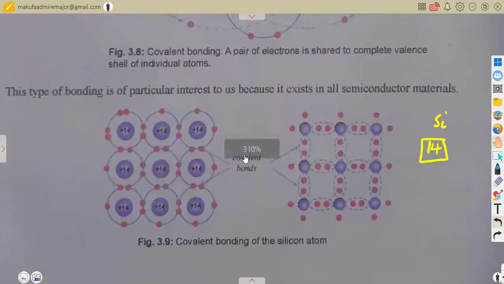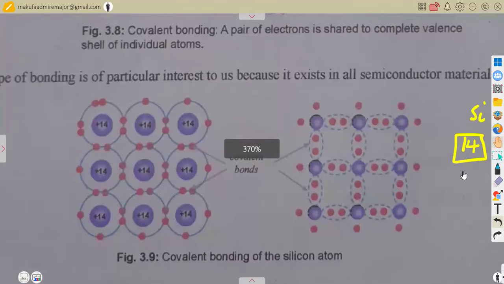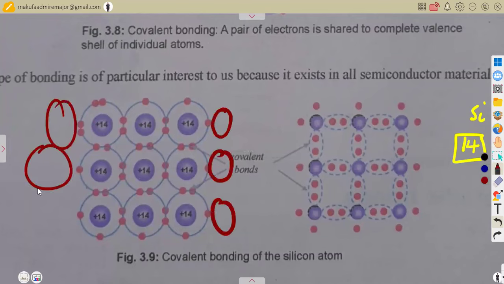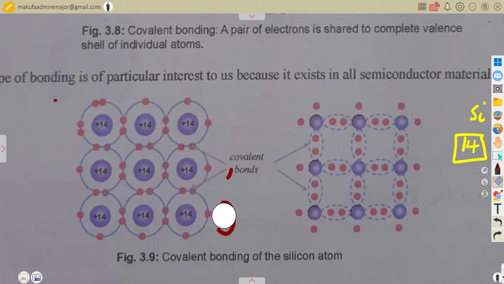If you check what is happening here, this is not going to end. We're going to have these guys. From this one, there's another one, and another, and so on. So these are referred to as the covalent bonds, where electrons are shared. That is the covalent bond.